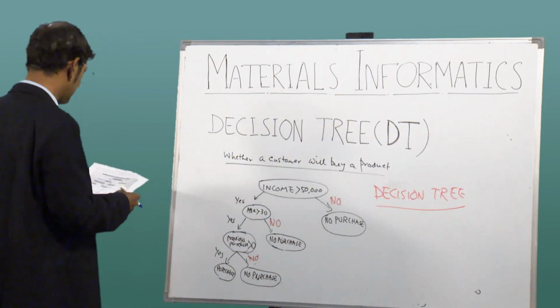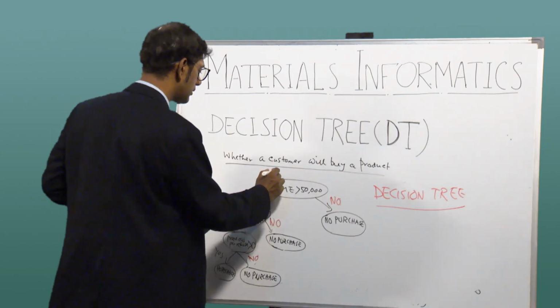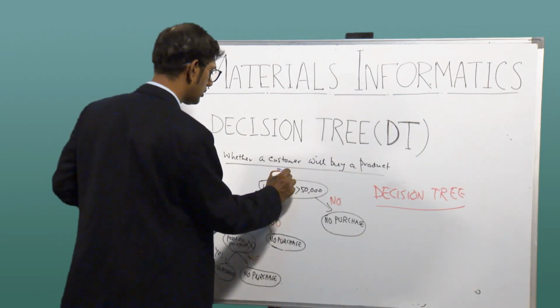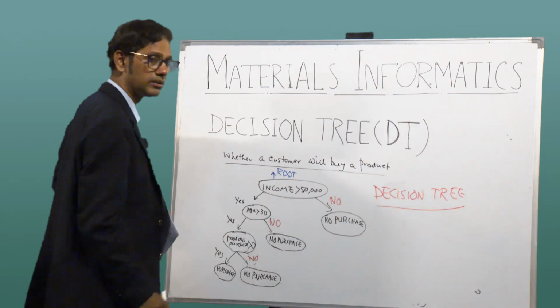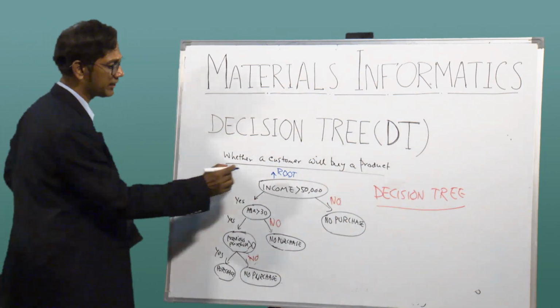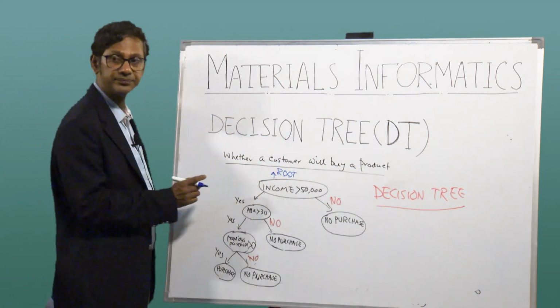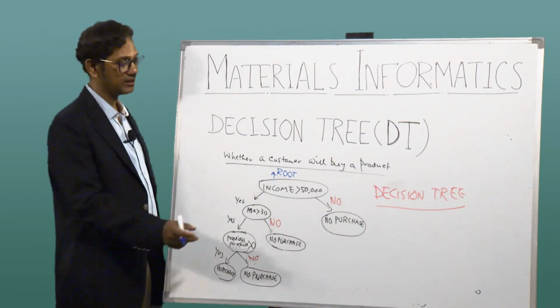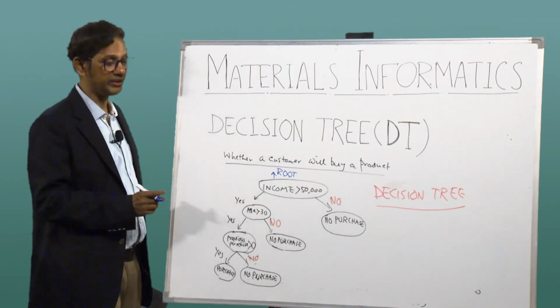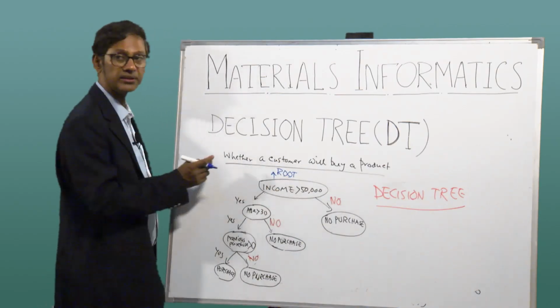So, the first one, this one is called the root, that is my basic feature from where everything started. This is what is called the root of the tree, right, from where everything started.